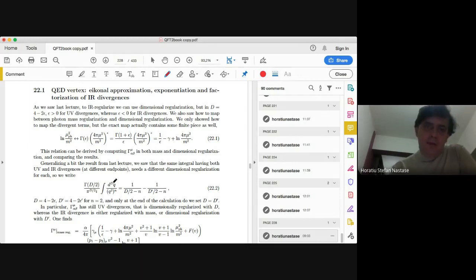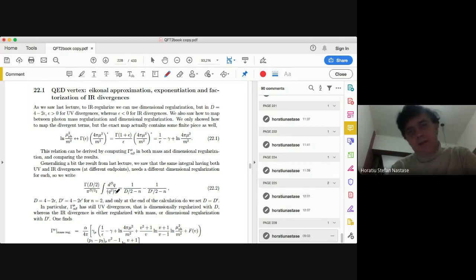But we can generalize this. We can note, moreover, that we have gamma of d over 2 over pi to the d over 2 times I. And given the fact that UV and IR divergences must be regularized in a different way, we can write this.